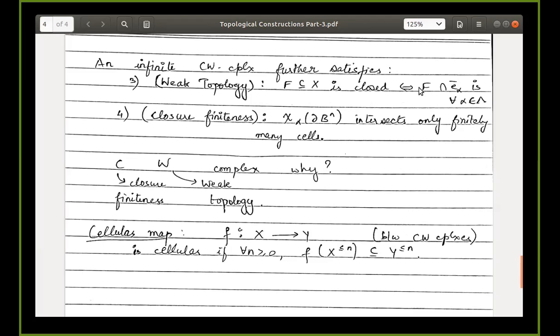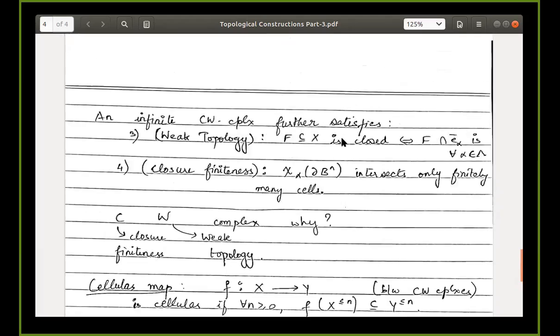This is how you define the topology. And it has the closure finiteness property, which means that for any cell E alpha, the characteristic map chi alpha from the boundary of Bn intersects only finitely many cells, right?